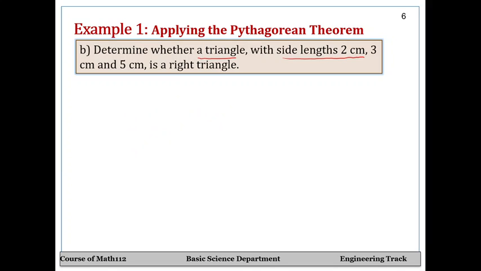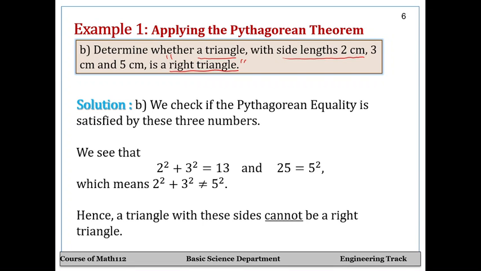It might not even be a triangle, but we will check if it is a right triangle or not. So basically, we check the converse of the Pythagorean theorem. If it's a right triangle, then it has to satisfy the Pythagorean equality.